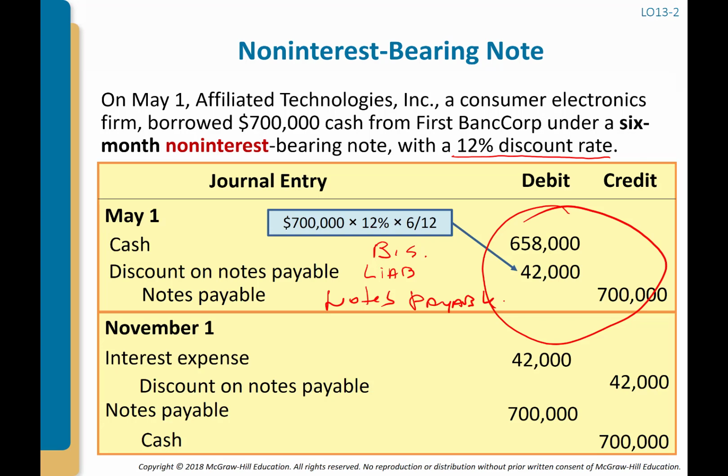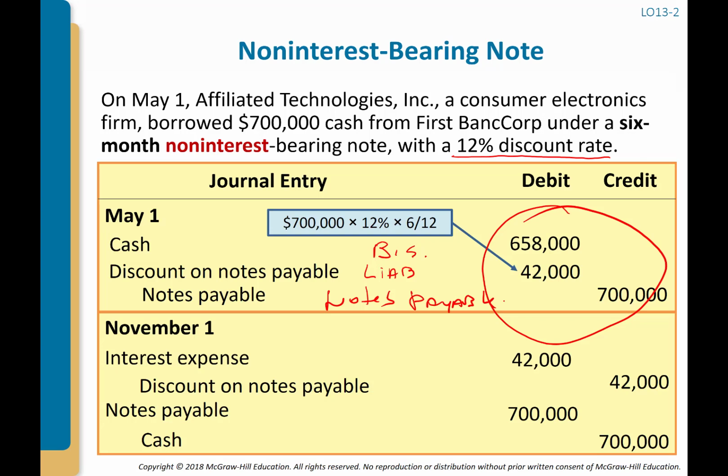Yes, sir. No, that's not correct. The requirement is that we present a note payable on the balance sheet at its present value, which is what this 658 is, the present value, and then when it matures, it's going to mature to that future amount, which is going to be more, which is the 700,000.